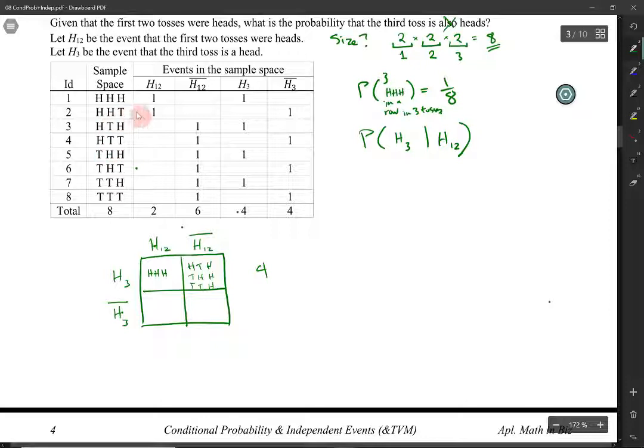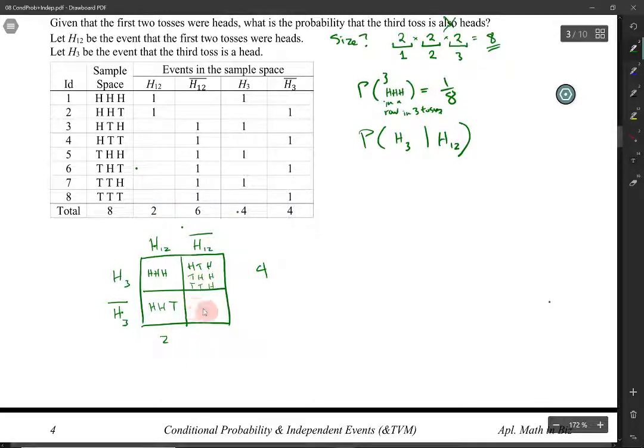That's actually only this one, right? Because this one is actually HH. So the first 2 are heads in a row, but the third one is tails. Okay, so this one has 2. Okay, so we got all 2 of them. We got both of them, I guess.